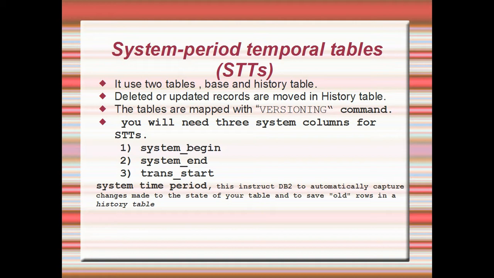This instructs DB2 to automatically capture changes made to the state of your table, and those changes are saved to your history table. I will be explaining system begin, system end, and transaction start in the testing.